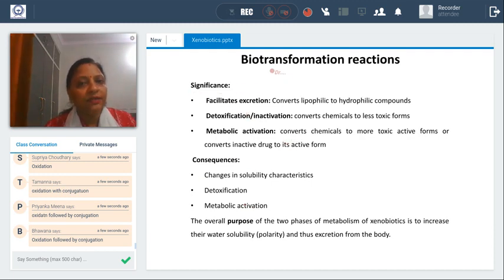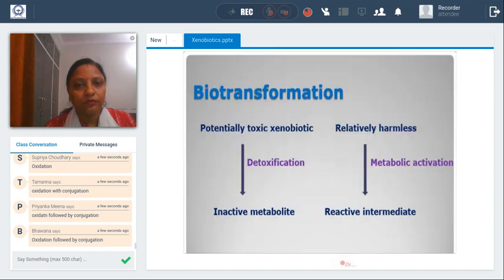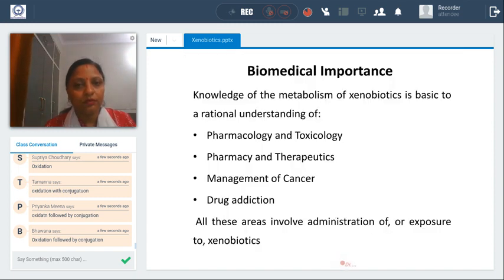What is the significance of these biotransformation reactions? Importantly, it facilitates excretion, detoxification, and metabolic activation also. Biomedical importance: by pharmacology and toxicology, you can understand it, pharmacy and therapeutics, management of cancer, drug addiction.